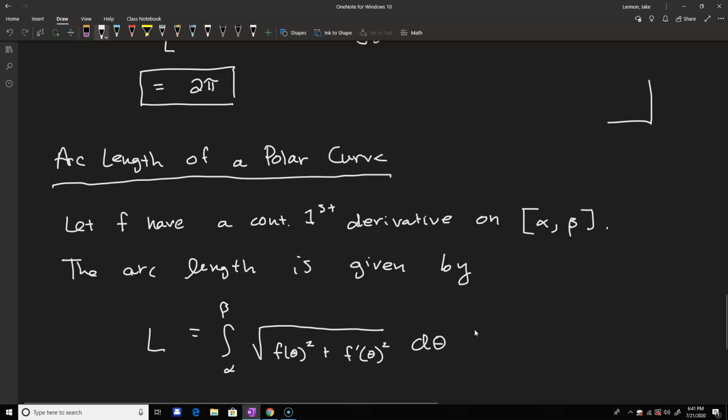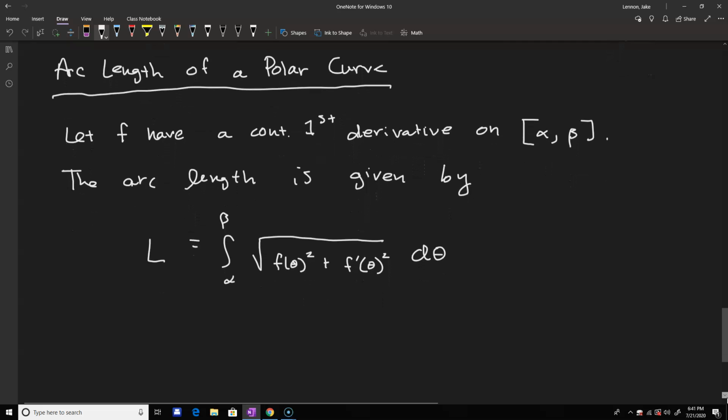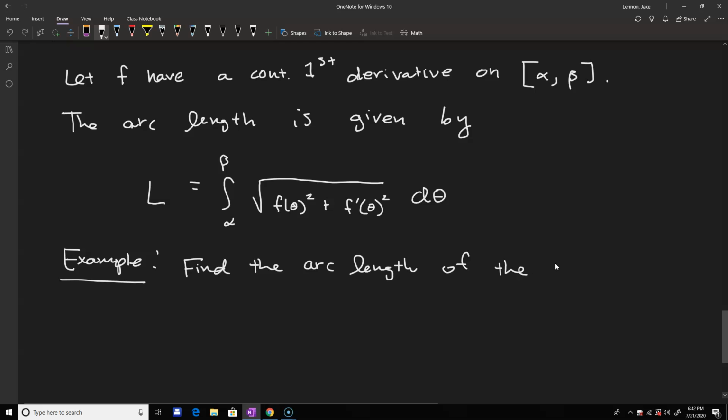So let's go ahead and just do one quick example, and then we'll call it a day. So example, let's go back to that spiral of Archimedes. So find the arc length of the spiral r equals f of theta equals theta, right?